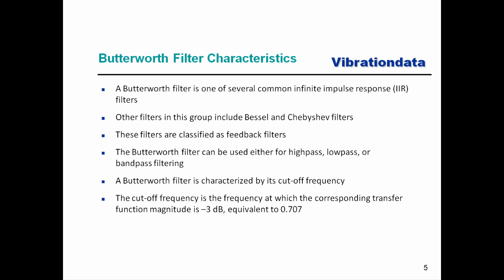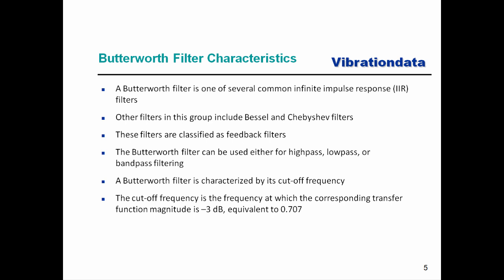Now we can also characterize the filters in terms of the filter type, and a Butterworth filter is one of several common infinite impulse response, or IIR, filters. And this group also includes Bessel and Chebyshev filters. And these filters have feedback loops, and that's important for stability.